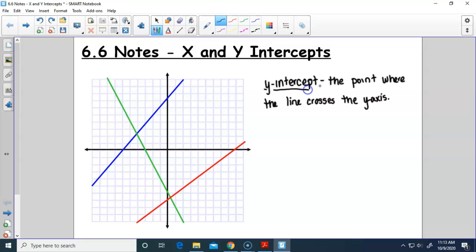And our x-intercept, likewise, is going to be the point where the line crosses the x-axis.